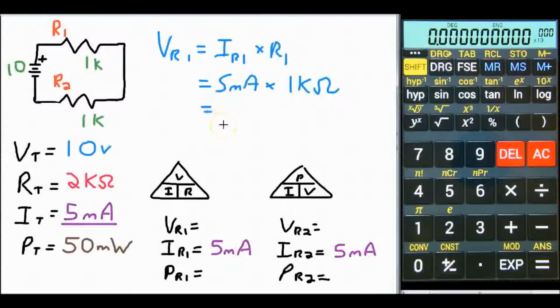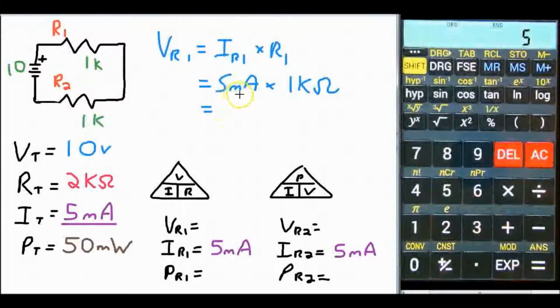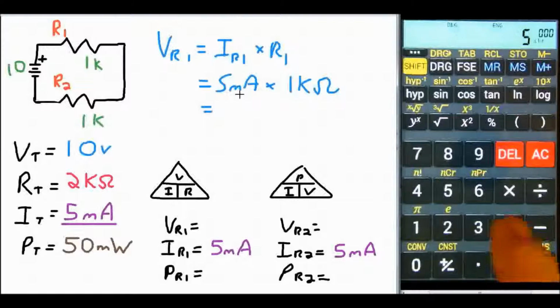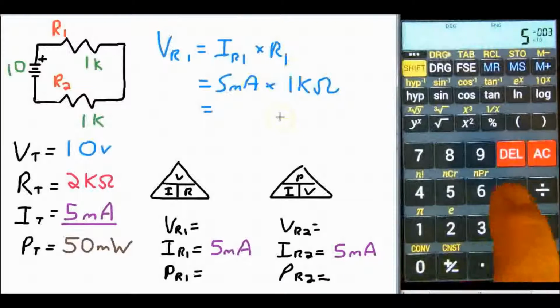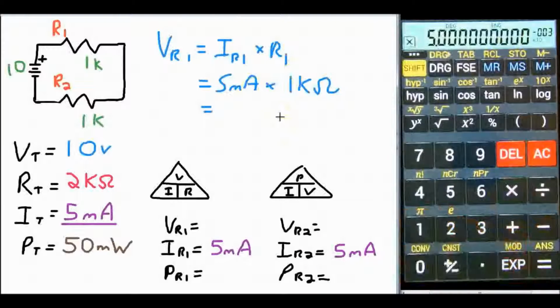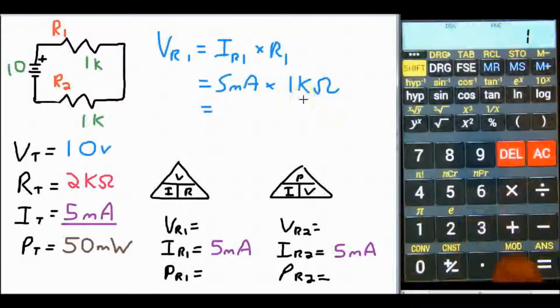And let's go ahead to the calculator. So we have 5, and of course this is an exponent. -3 is what milli is, times 1k. 1 exponent +3.